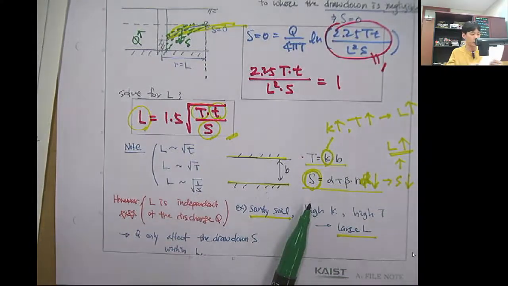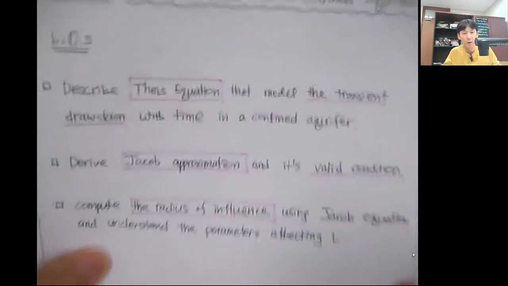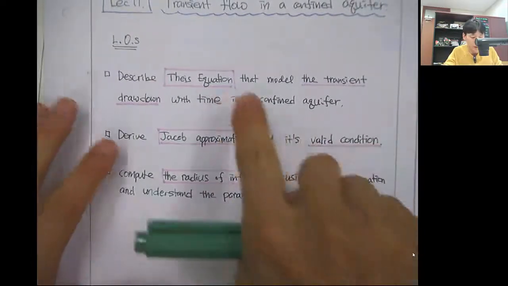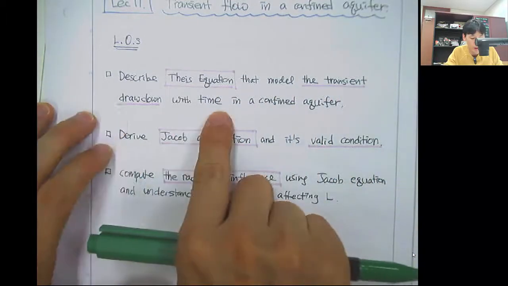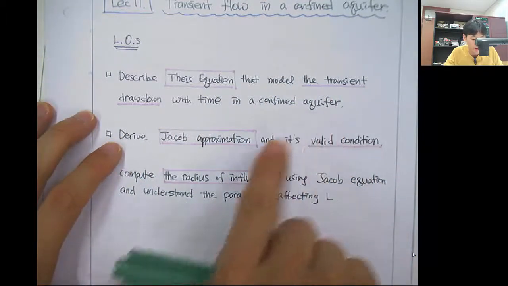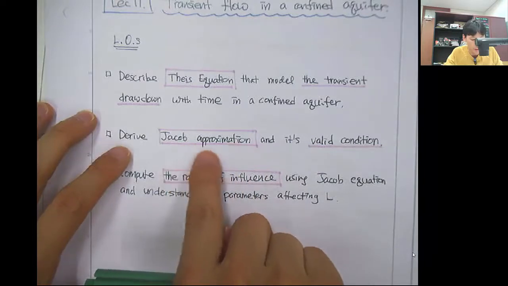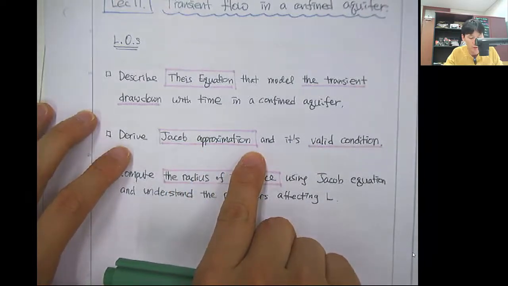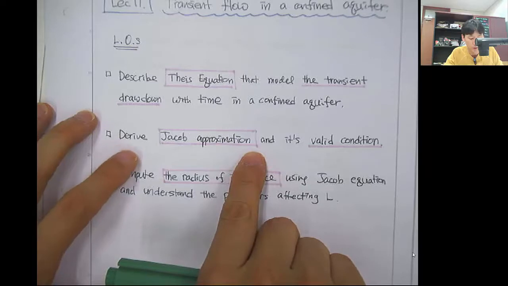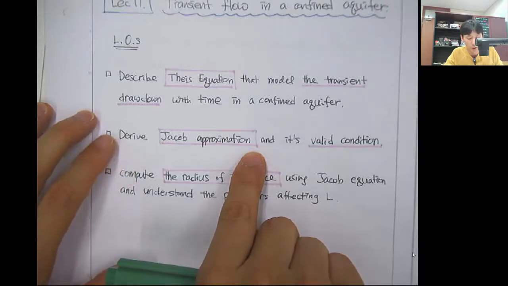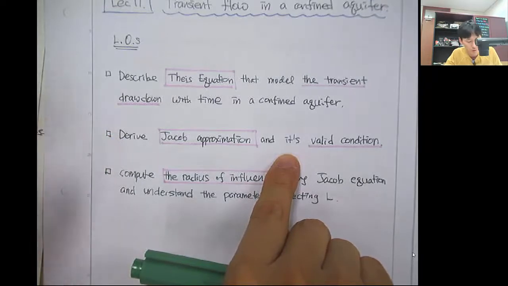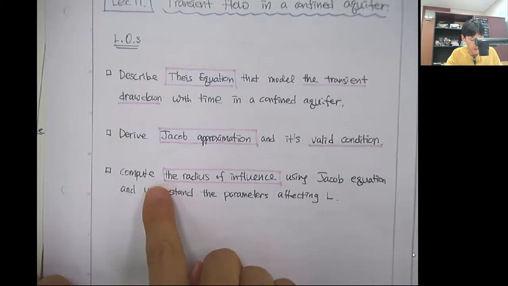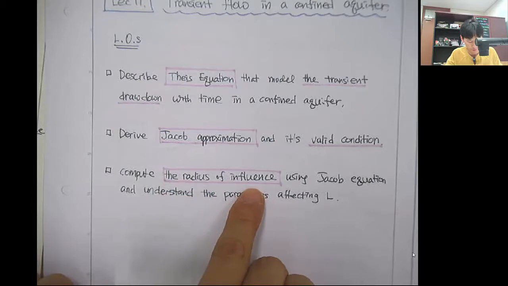Okay, so today, let's wrap up. We have looked at the Theis equation that can model the transient drawdown with time in a confined aquifer. We also looked at the Jacob's approximation as a function of u, and the Jacob's approximation is only valid when u is less than 0.01 or so. And we also calculated the radius of influence.